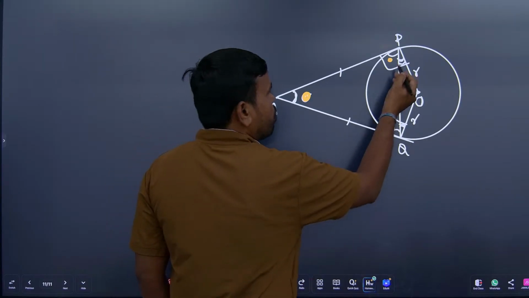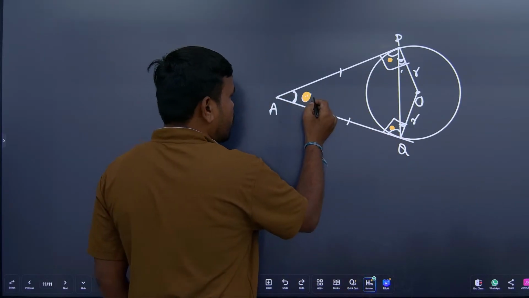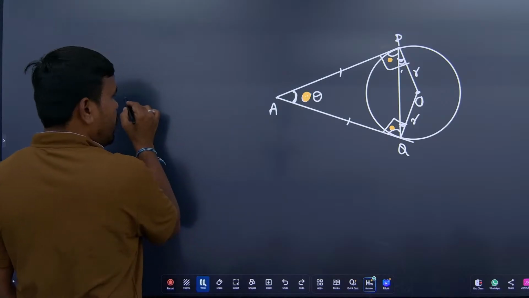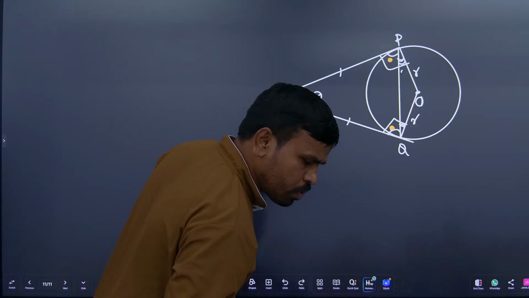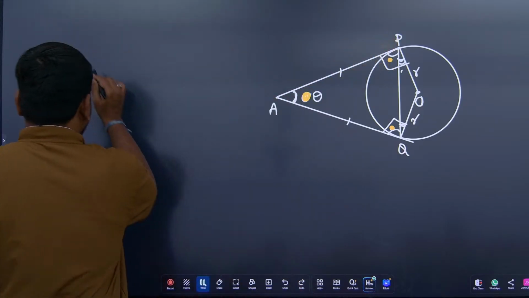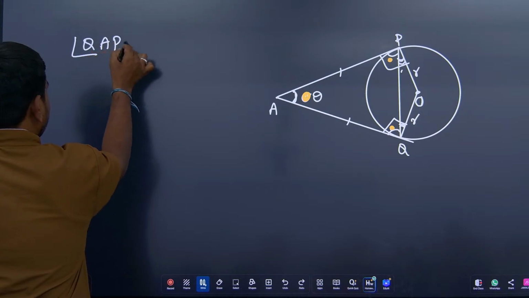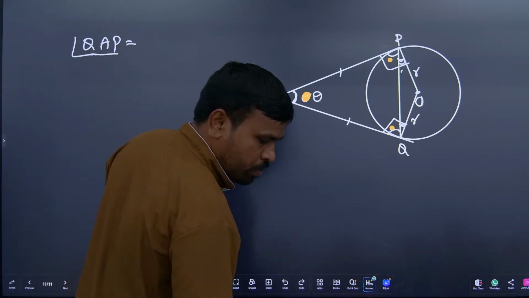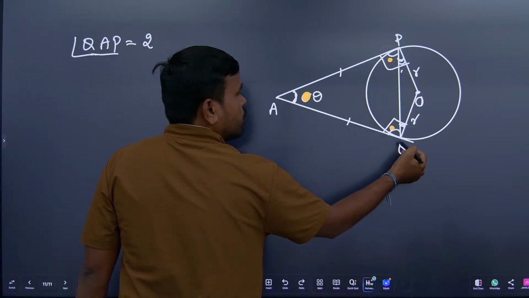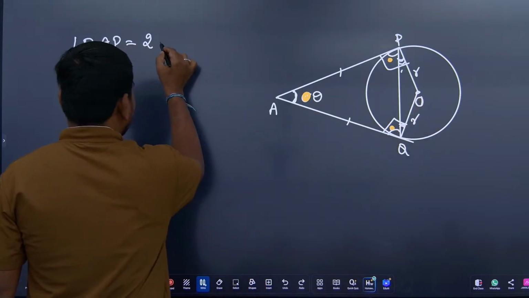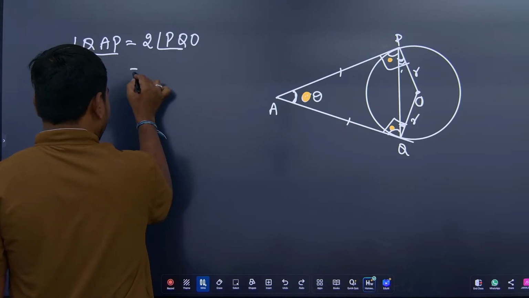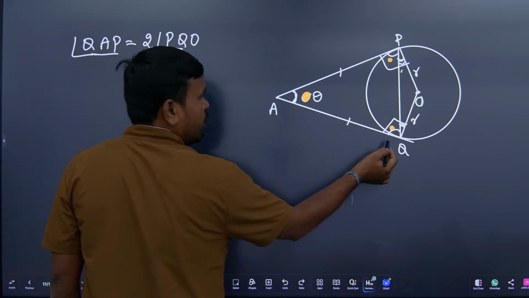By using these conditions, we can prove that angle theta, angle PAQ or QAP, is equal to 2 times angle PQO, or that is equal to 2 times angle QPO.